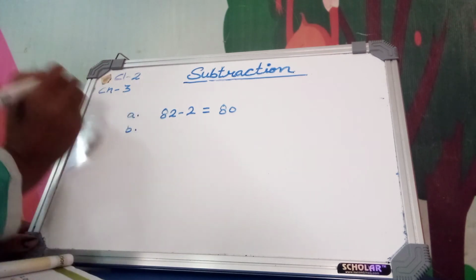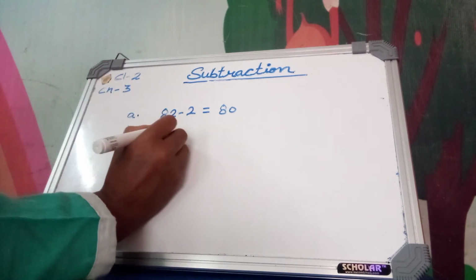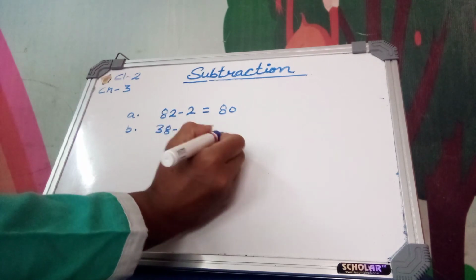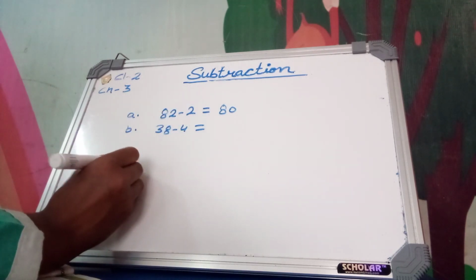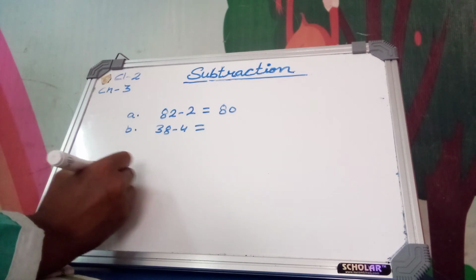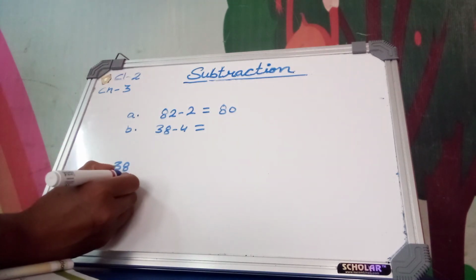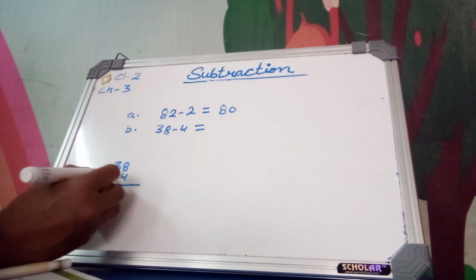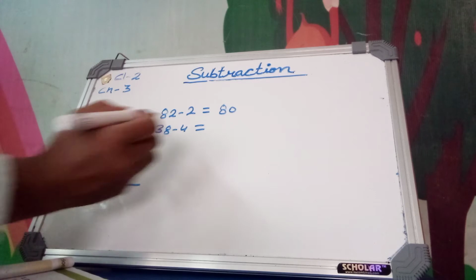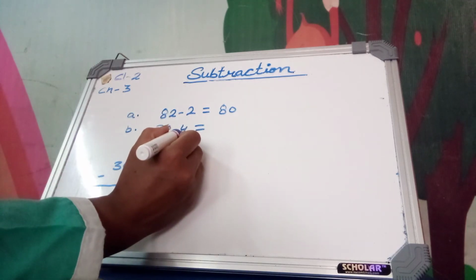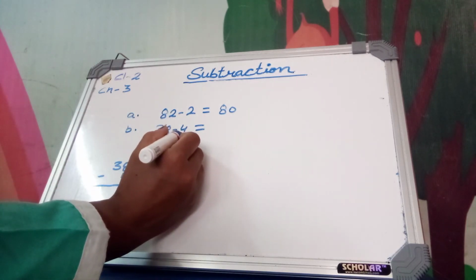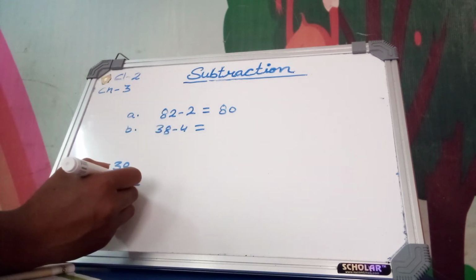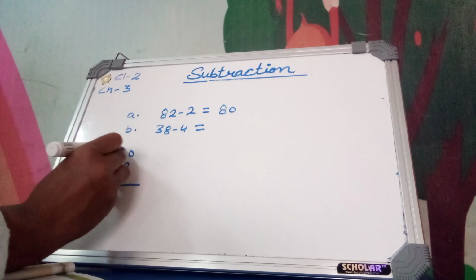Now next, B. 38 subtract 4. 38 minus 4. This 4 is in the ones place, so we have to write this 4 here, because this is ones and this is tens.